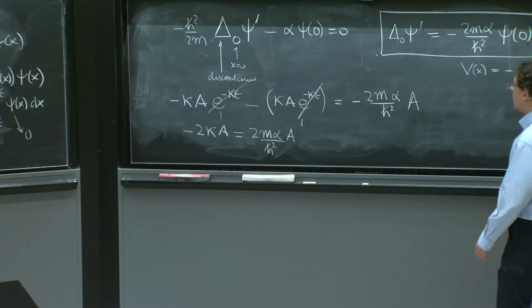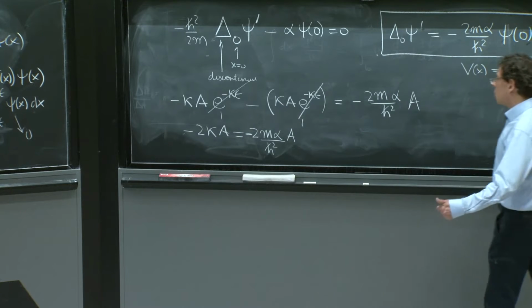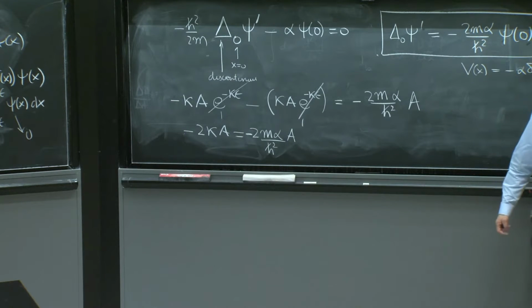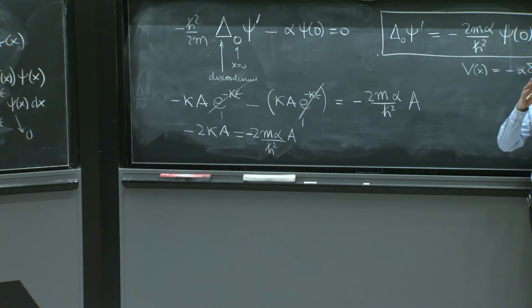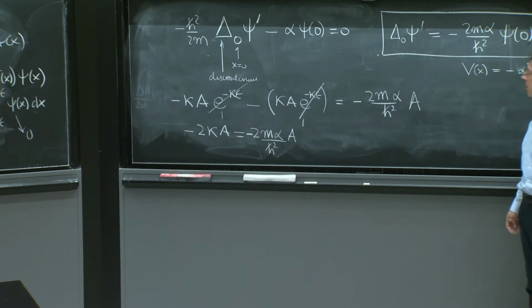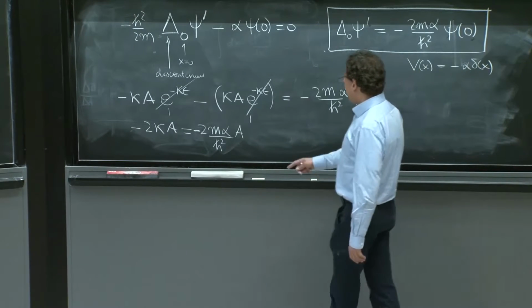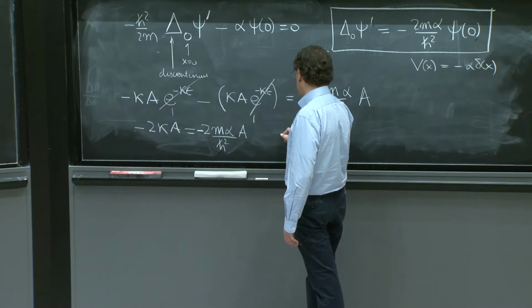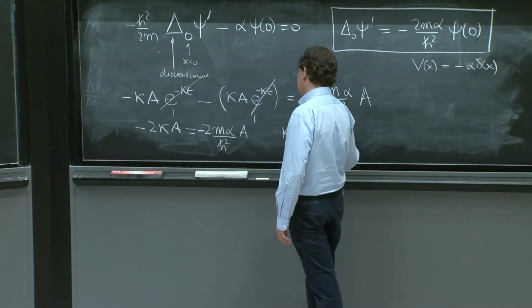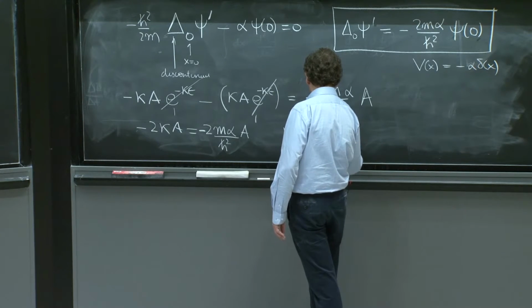So the 2's cancel. The a cancels. You never should have expected to determine a unless you try to normalize the wave function. Solving for energy eigenstates will never determine a. The Schrödinger equation is linear. So a drops out, the minus 2 drops out, and kappa is equal to m alpha over h squared.